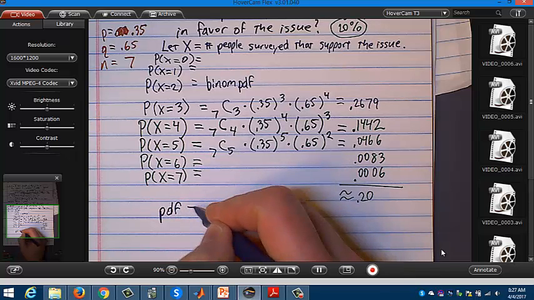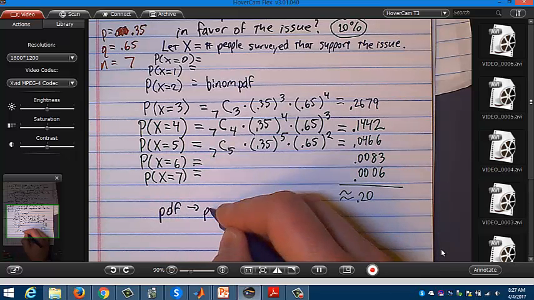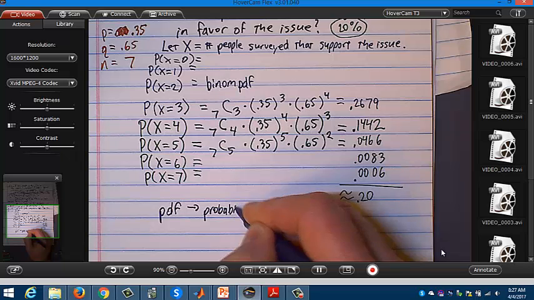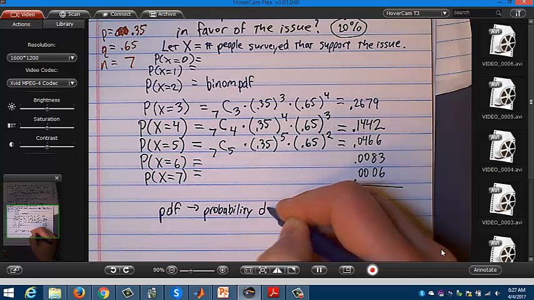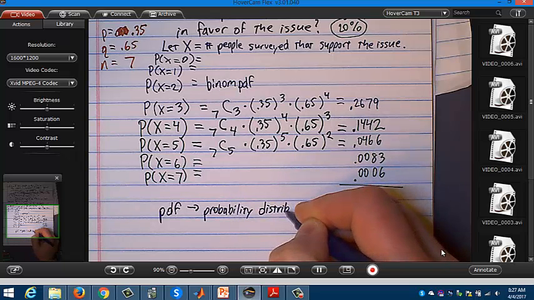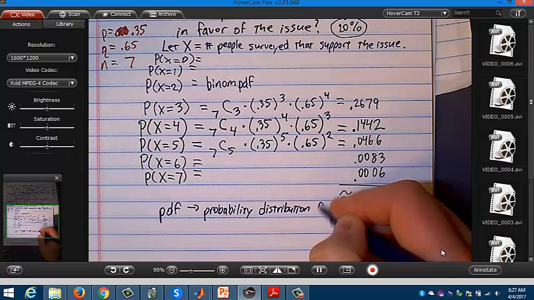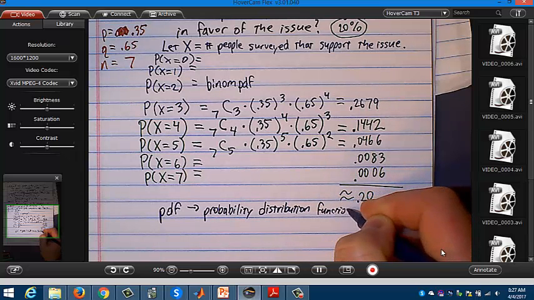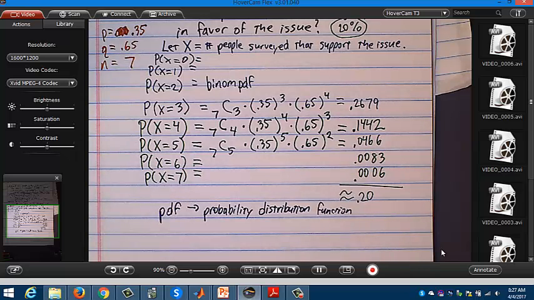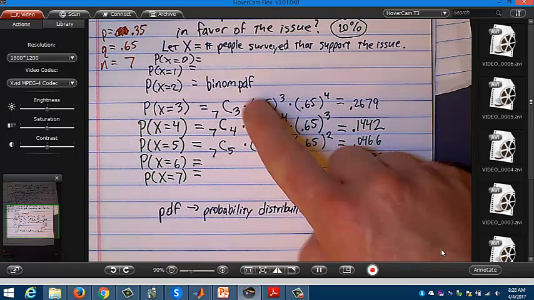PDF stands for probability distribution function. Right? This is all about binomial distribution, and when we say function, this will spit out the correct number for the binomial PDF. So we need binomial PDF.